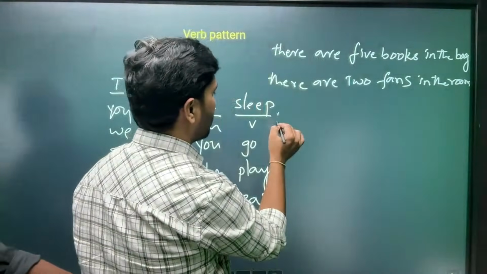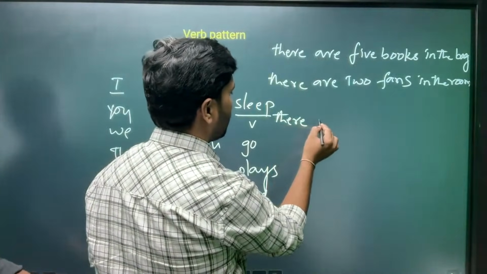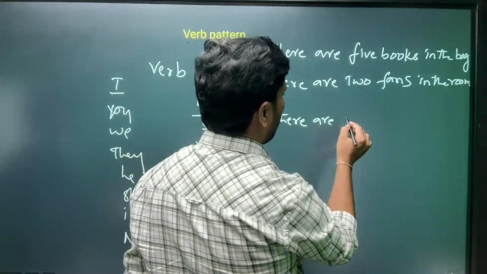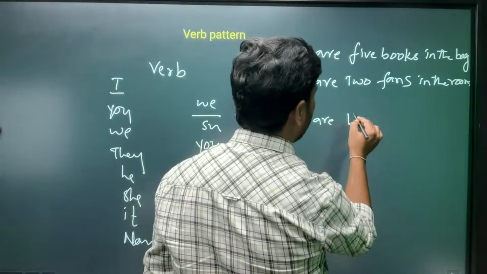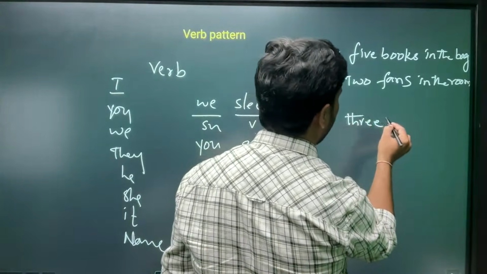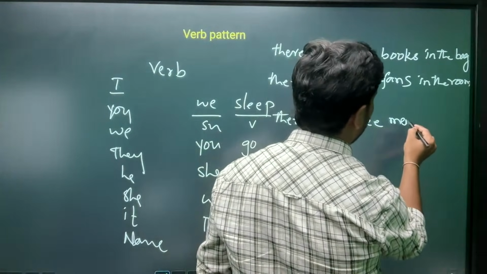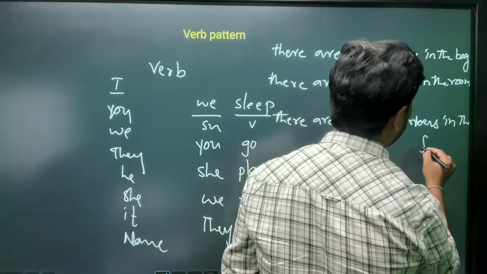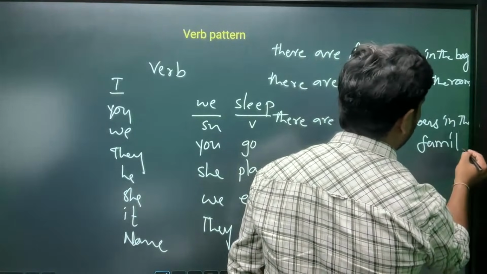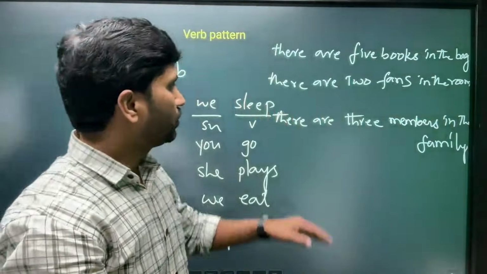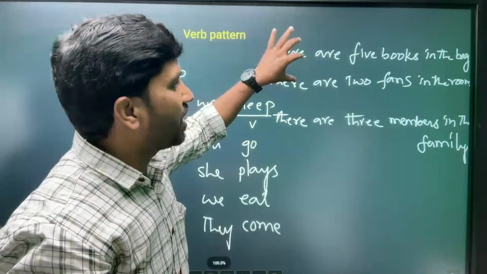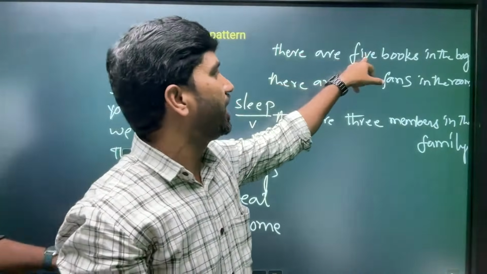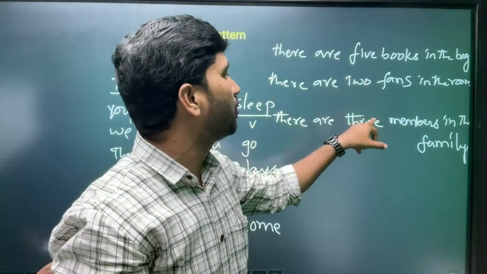Then there are 3 members in the family. For example, there are 3 members in the family. So we used to start from there are, but here we need to change either 5 or 2 or 3.